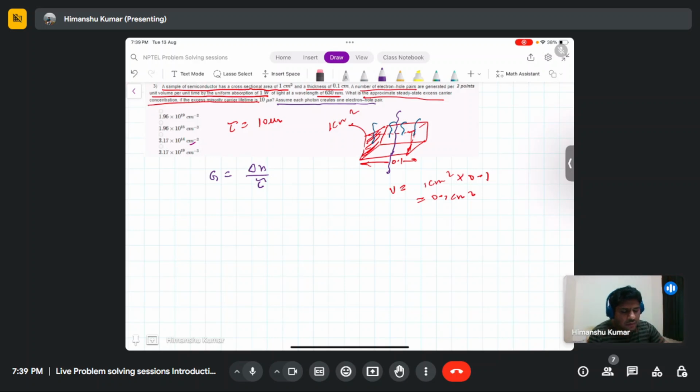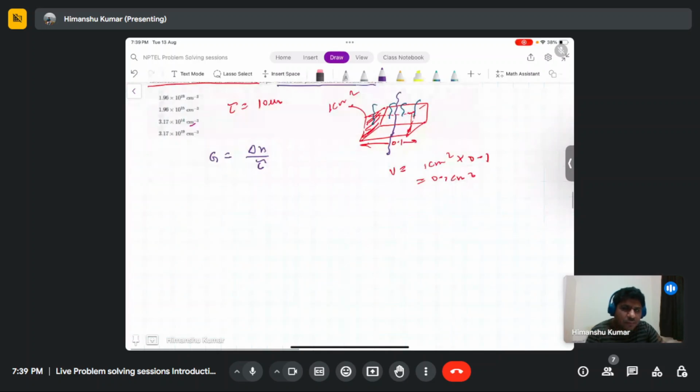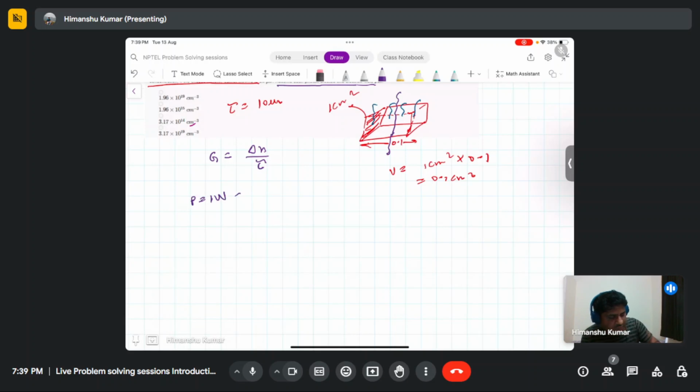So basically, from the power we can calculate how many. Power is 1 watt, and 1 watt is 1 joule of energy per second falling on the sample.